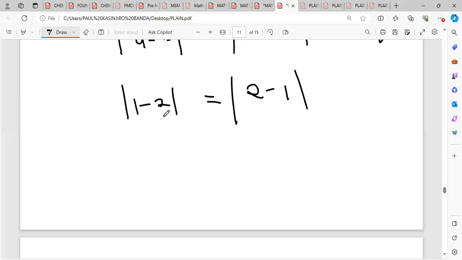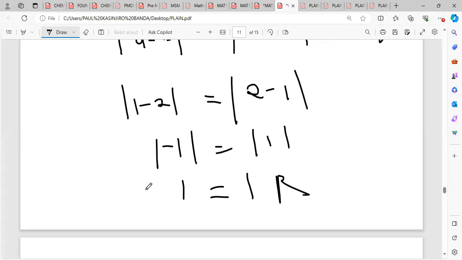You get minus 1 in modulus, and on the other side you get 1 in modulus. Whatever is between two modulus signs becomes positive, so negative 1 is the same as 1, and that 1 is the same as 1. So the right side is equal to the left side.